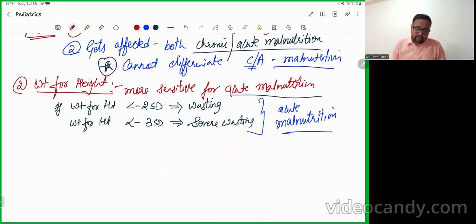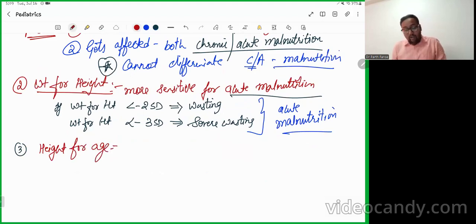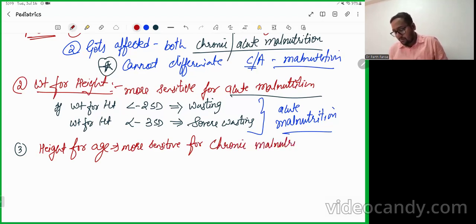Last, not the least, that is height for age. On the contrary side of weight for height, height for age is more sensitive for chronic malnutrition.